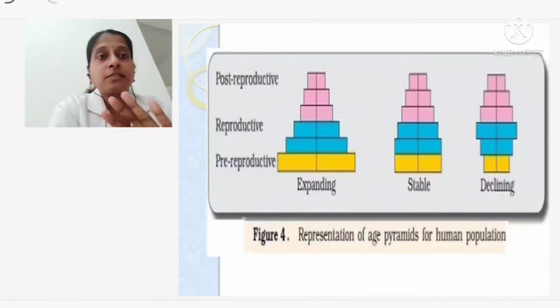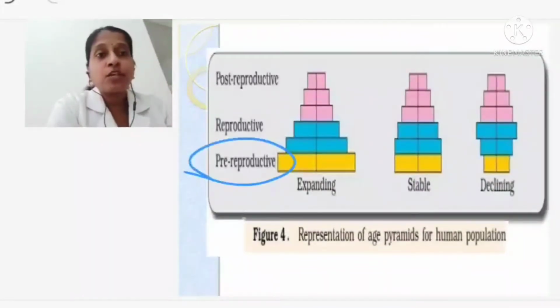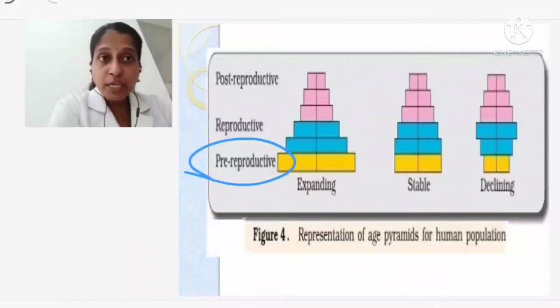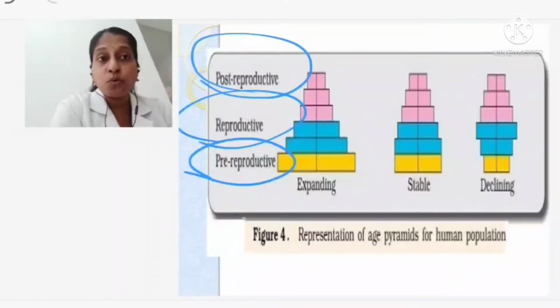Now you see, these are the three types of population pyramid. Now we are categorizing the individuals into three categories. What are the three categories? In order to categorize them based on age groups, we can classify them into three categories. One is pre-reproductive, second is reproductive, and the third is post-reproductive.